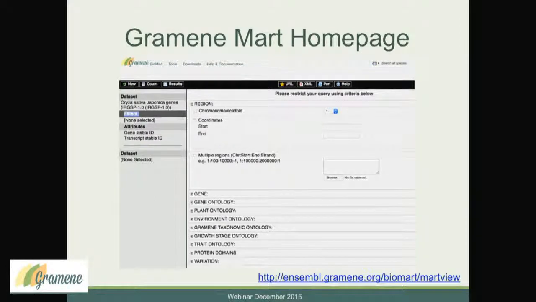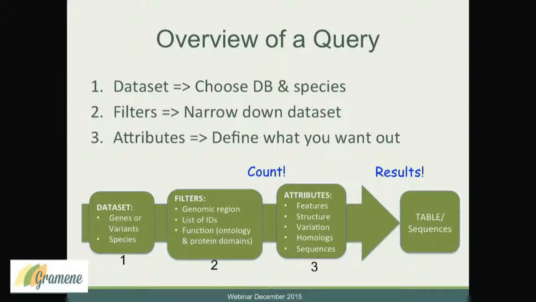In this case, it's already pre-filled with some information, but basically any query is going to consist of three steps. The first one is you'll be able to choose your data set, starting from a database and a species.